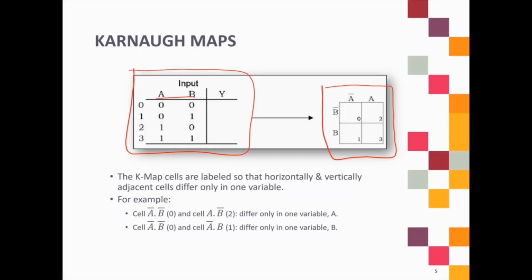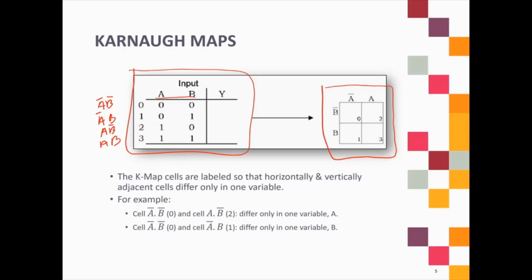If you remember in chapter 3, we have product terms, SOP. The first product term is A bar, B bar, second is A bar and B, third is A, B bar, and the last one is A and B. This kind of combination you need to map to your K-map. Because you have 4 cells, this is a 4 cell K-map.